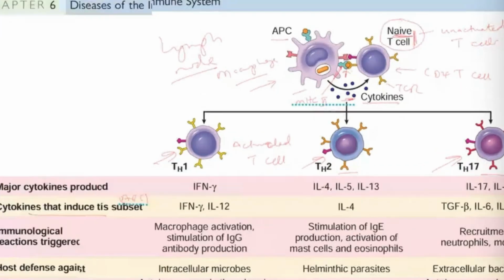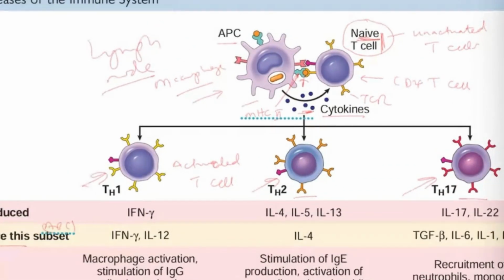So if the APC produces interleukin 12 and interferon gamma, that's from the APC to the T cell. If it produces interferon gamma or interleukin 12, it will induce this naive T cell to become a Th1 cell.